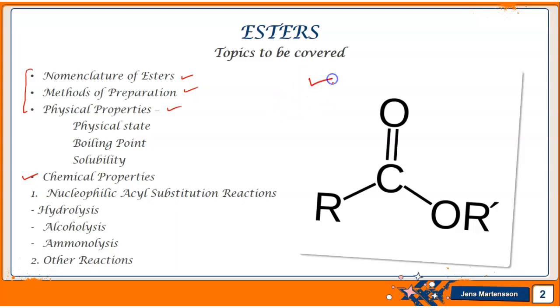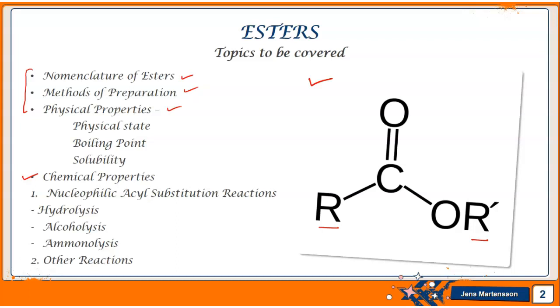This is the general structure of your ester, that is RCOOR', and these R and R' could be similar alkyl or aryl groups, or both could be different as well. That is one thing. And esters are actually the most important class of acid derivatives that we can see.